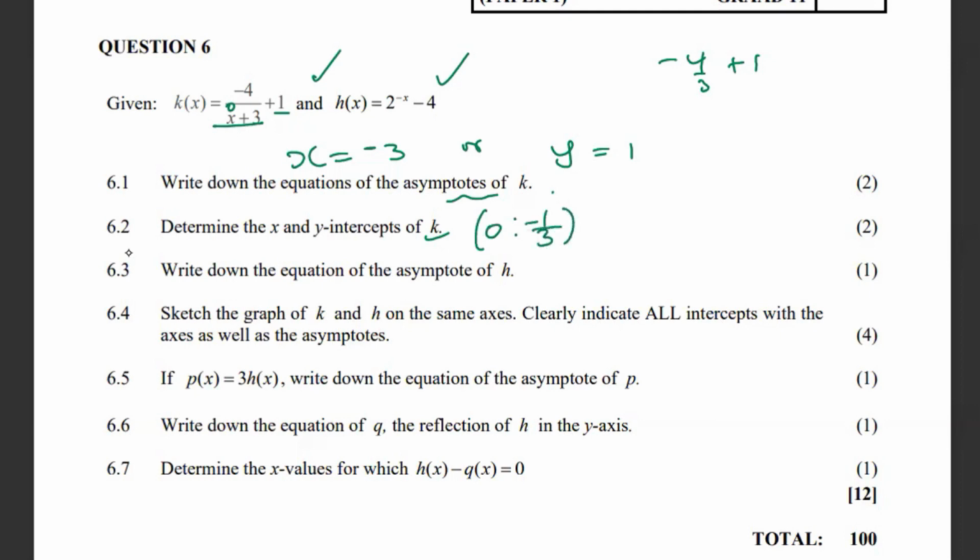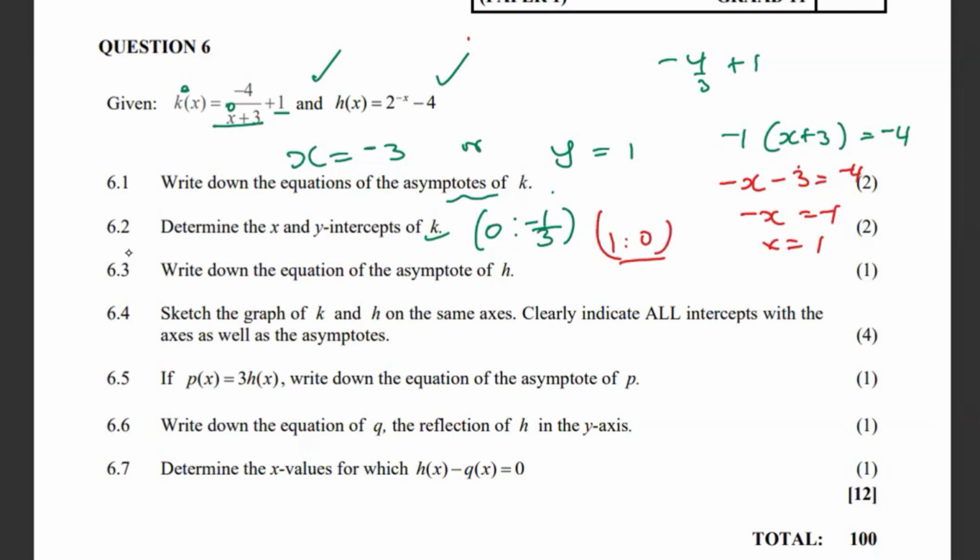And then if you replace 0 here for y, then you're going to have negative 1 into x plus 3 is equal to negative 4. Open this bracket. I'll solve for x. So negative x minus 3 is equal to negative 4. Negative x, let's move this to that side, negative 1, meaning that x is 1. So we have 1 and 0.